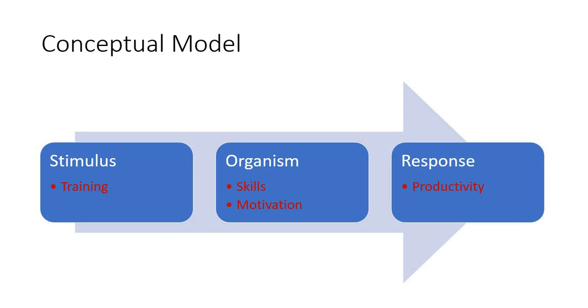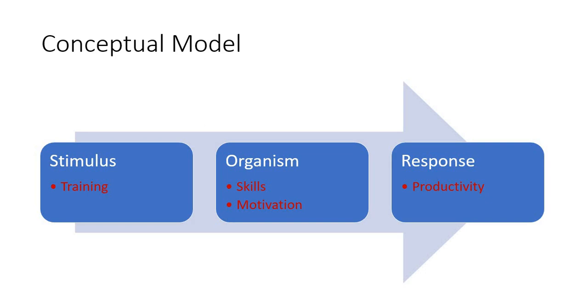There can be independent variables which are influencing the dependent variable. Then the dependent variable is the one which is being influenced by the independent variable. Then there can be mediating variables that transfer the influence from independent to dependent variables, and then there can be moderating variables which control or influence the strength of relationship between other variables.